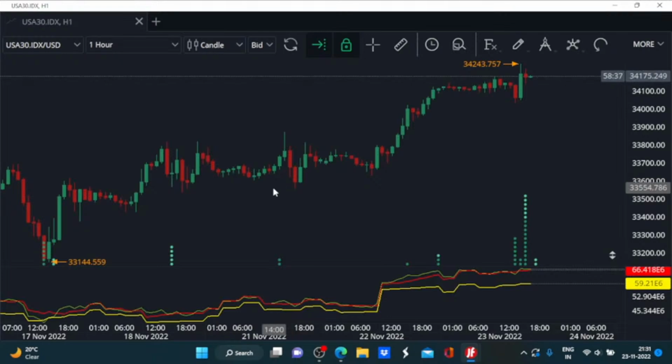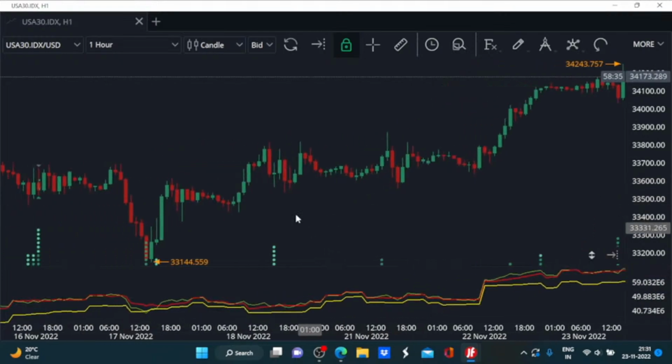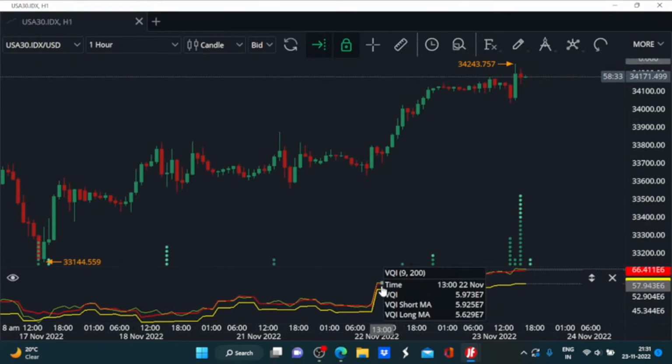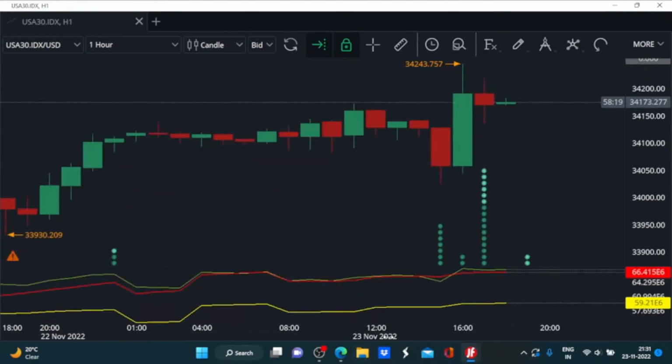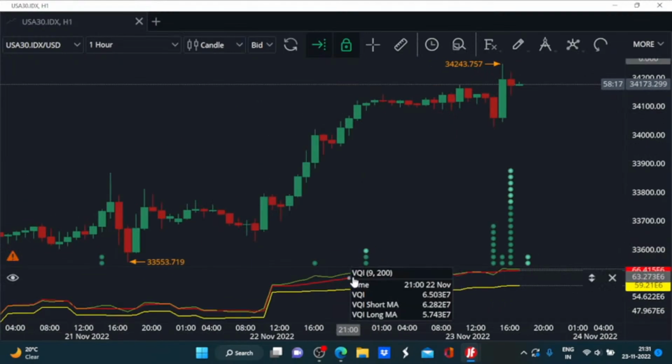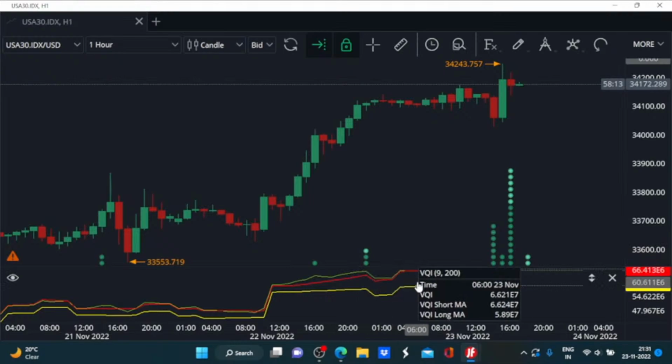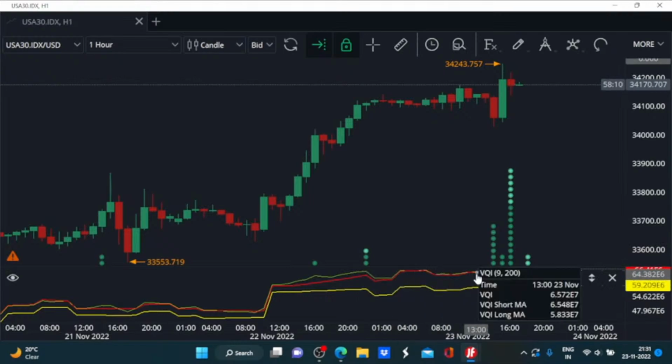Of course, a single sharp jump is also going to impact the output value, and that is evident here. But at least to some extent, it tries to smoothen the situation. If we look at the crossover of these two parameters, the VQI 9 moving average and the VQI 200 moving average, this can also be taken as a signaling mechanism.